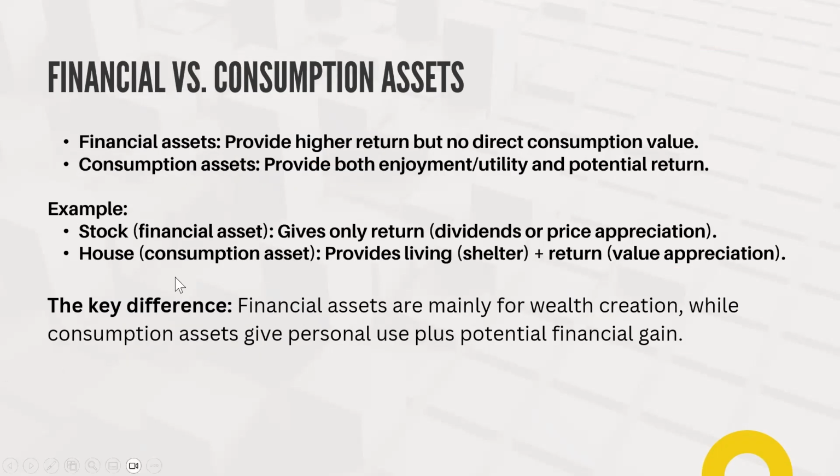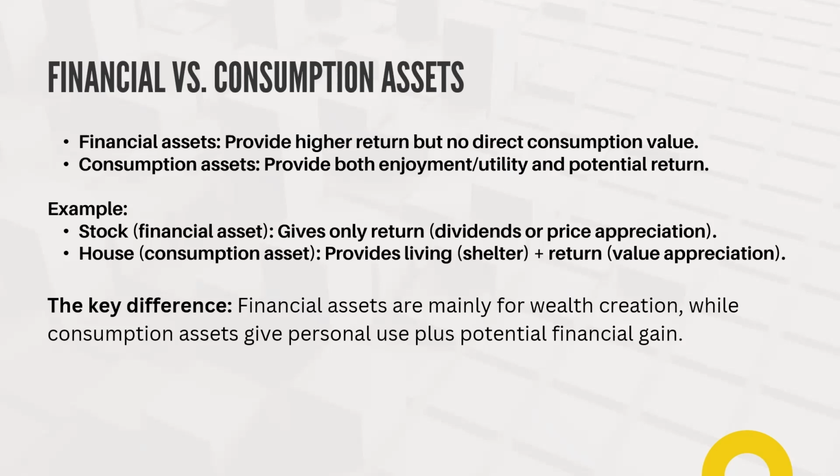We have already talked about financial assets versus consumption assets. Now in this slide we can make it more clear. Here financial assets provide higher return but no direct consumption value, and consumption assets provide both enjoyment, which is utility, and potential return. For example, stock, a financial asset, gives only return. We cannot directly use this, or we cannot get utility from this.